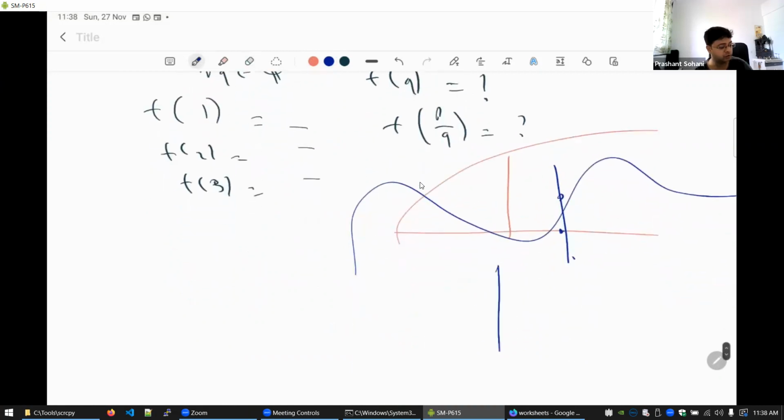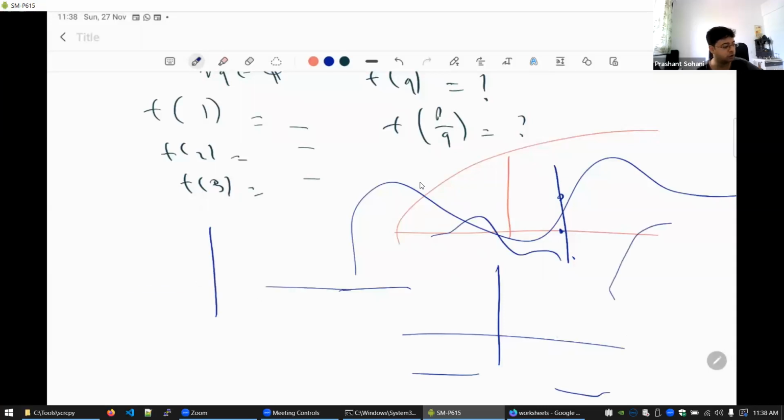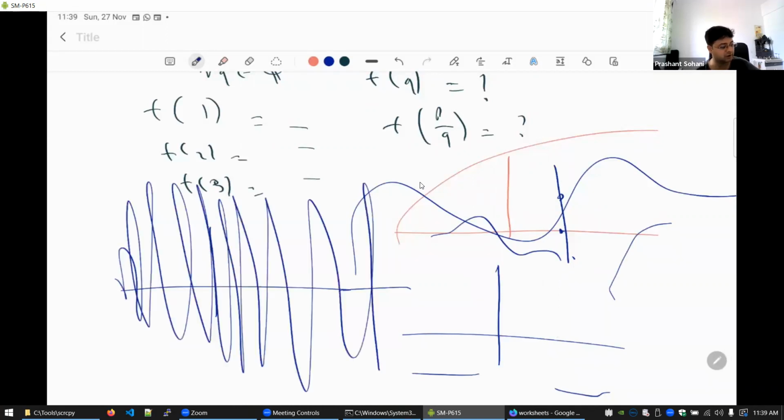It doesn't even have to be continuous. It can have bits and pieces which have different graphs, or the graph cannot be drawn at all. There are some really crazy functions where the graph looks like this, so I cannot even draw it on paper. But all of these are valid functions, and we don't know if the solution to our given problem is one of such crazy functions or not.